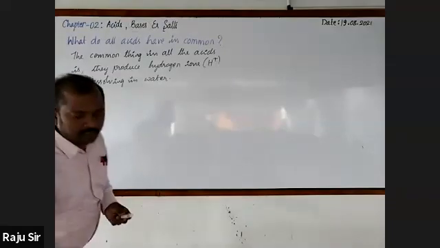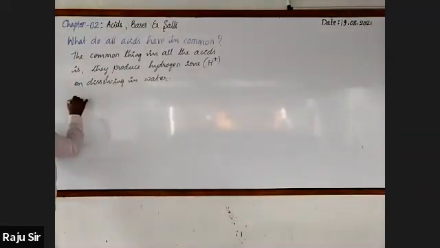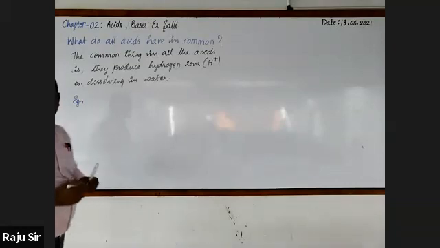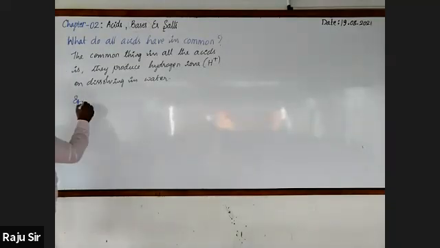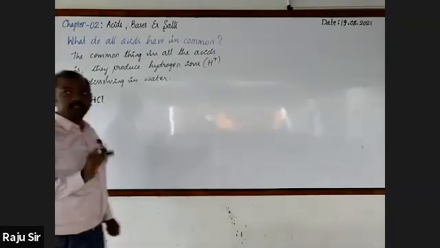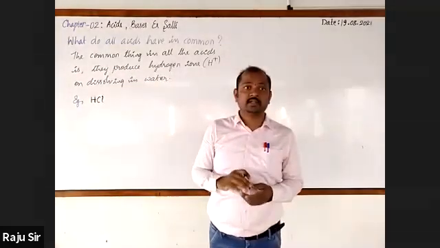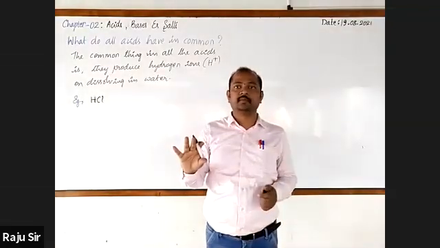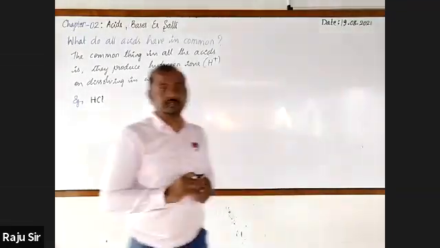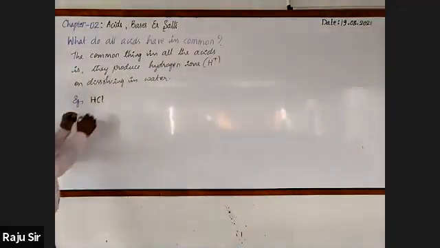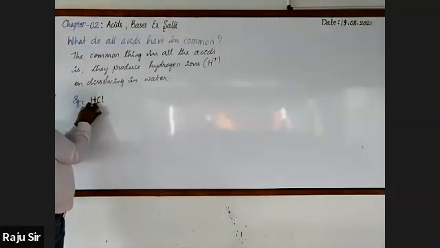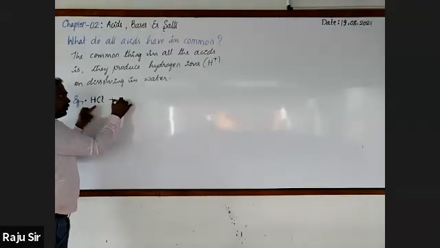Let me take some of the examples. I'll go for taking dry HCl. Dry HCl, that is HCl gas, will not act as an acid. That I will explain later. Here, this compound is dissolved in water.